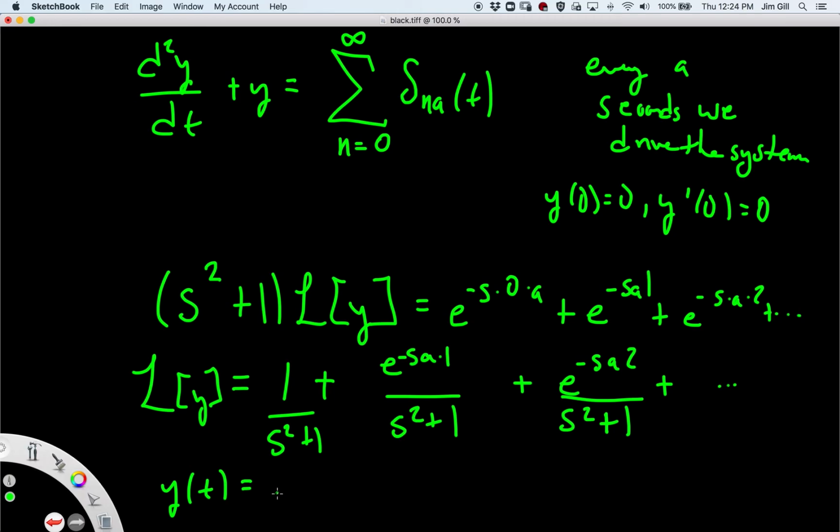Well, not quite, but that's going to be sine of t. This one looks like sine of t, but with a time shift, and that is because this is the force that comes a seconds later. So this is going to be u a of t times sine t minus a.